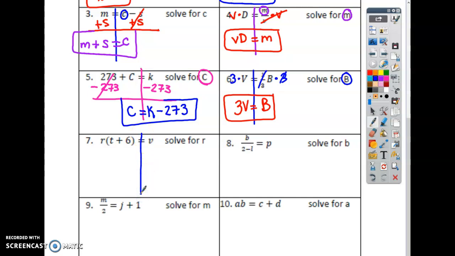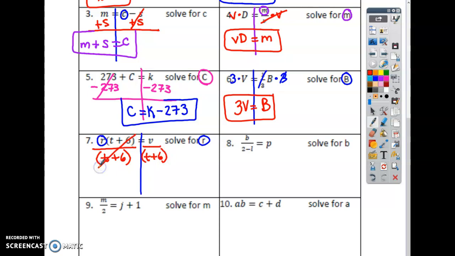Right here, I'm solving for r. That means I want the r by itself. What is the r doing? ¿Qué está haciendo? R. It's multiplying. The parentheses means multiplication, right? So what's the opposite of multiplying? Divide. So I'm going to divide by that whole thing. So parentheses t plus 6. Divide by parentheses t plus 6.